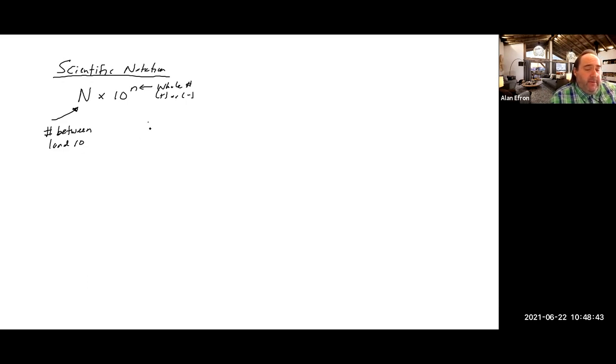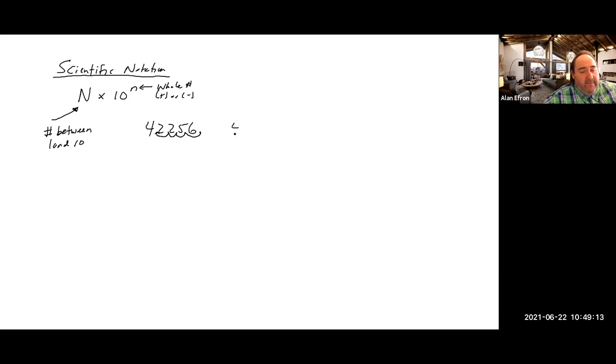So if I had a number like 42256, although there's no decimal point written here, in terms of scientific notation, we would assume it's here. And we would need to go one place to the left, two places, three places. If I stop there at 42 point something, that is not a number between 1 and 10. So I need to go one more place. That gives me 4 point something, and I do get a number between 1 and 10.